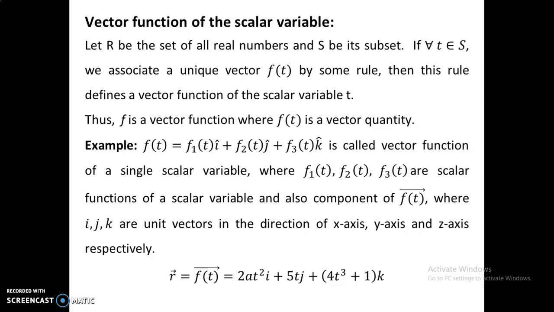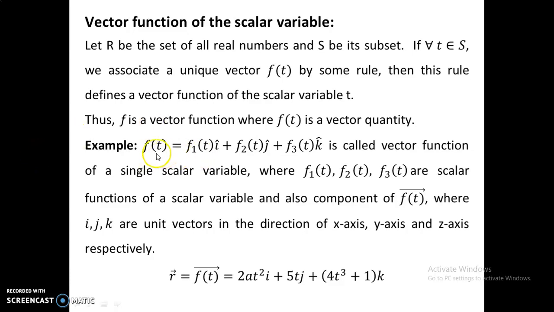Thus, f is a function where f of t is a vector quantity. Here t is a scalar variable, but f of t is a vector, so ultimately f of t becomes a vector function.